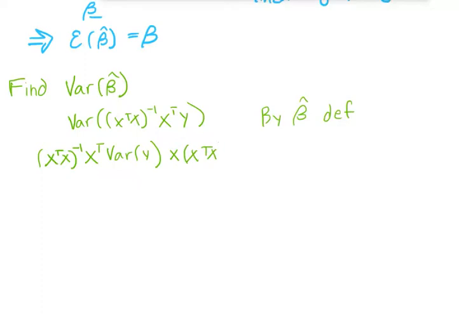Now this is not a linear algebra video, so if you're getting a little lost in what I'm doing, you should look up linear algebra rules, specifically regarding transposes and inverses, and variance rules. Next, we can substitute y via our y assumption, so (X transpose X) inverse X, and we know the variance of y by assumption is just sigma squared times that identity matrix.